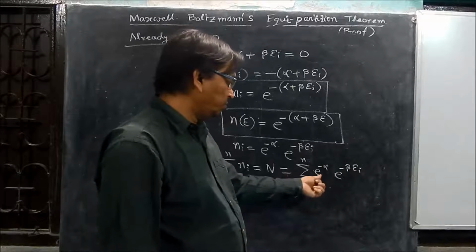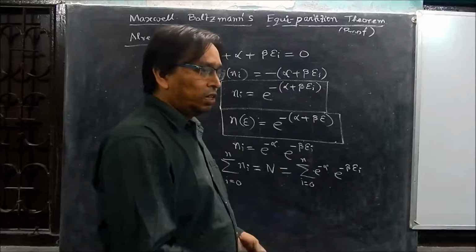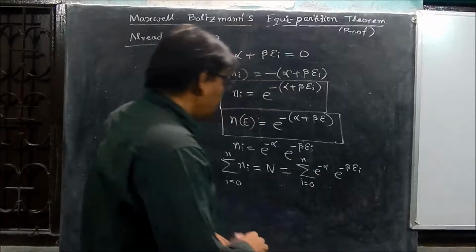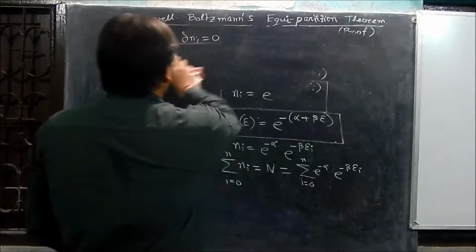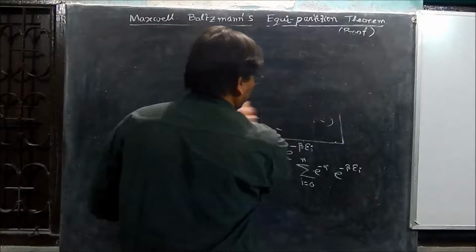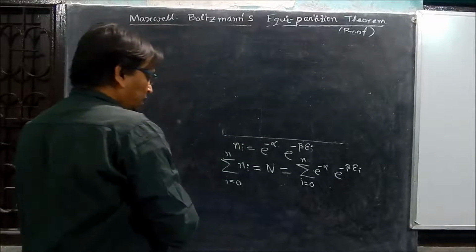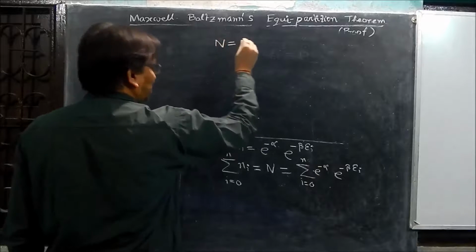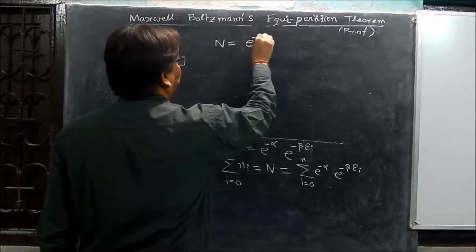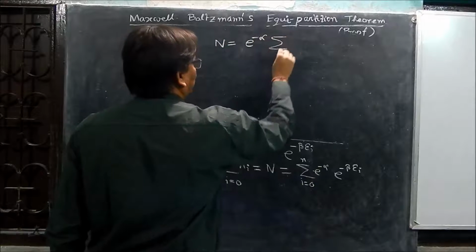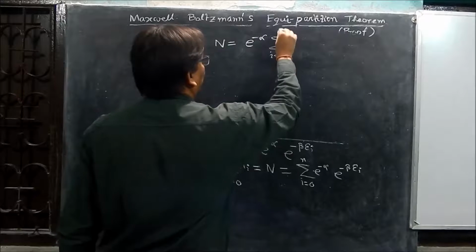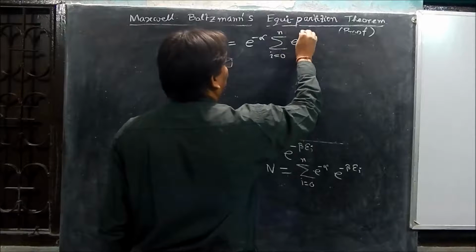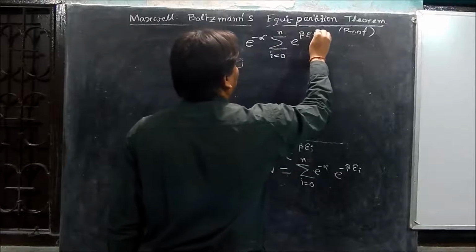It is not going to vary when you change i from 0 to n, so we can take this outside, and write n is equal to e to the power minus alpha into the summation over i equal to 0 to n of e to the power minus beta epsilon i.